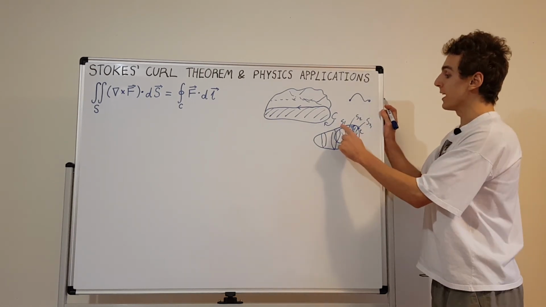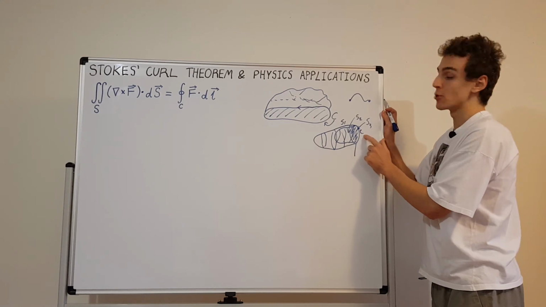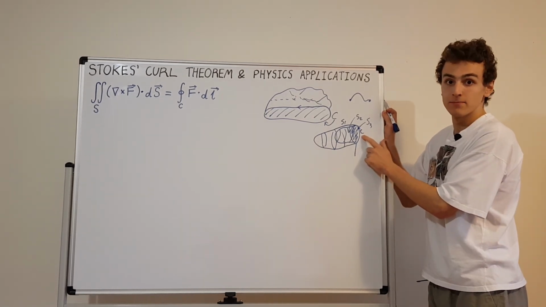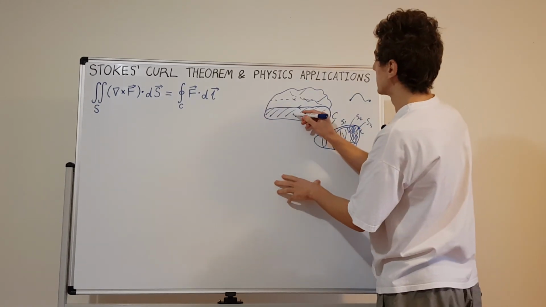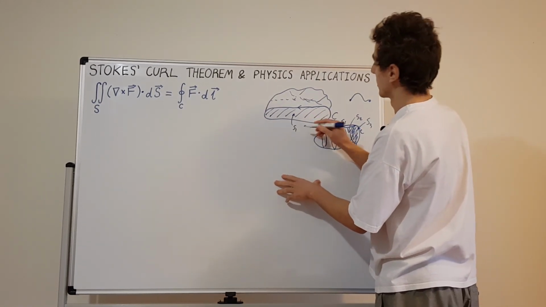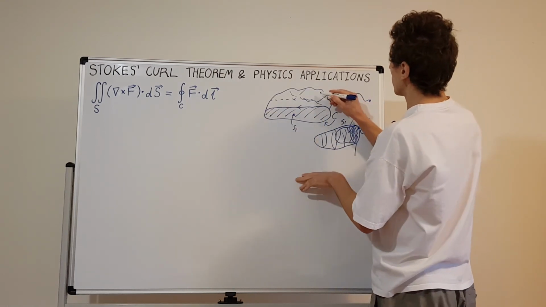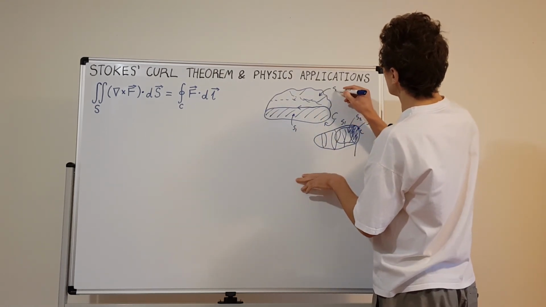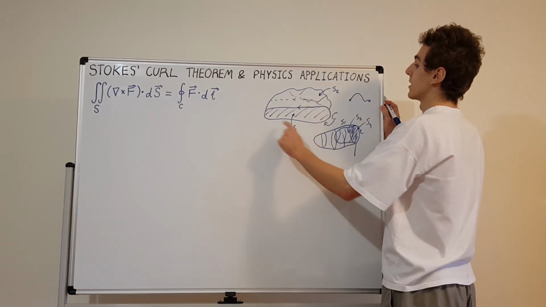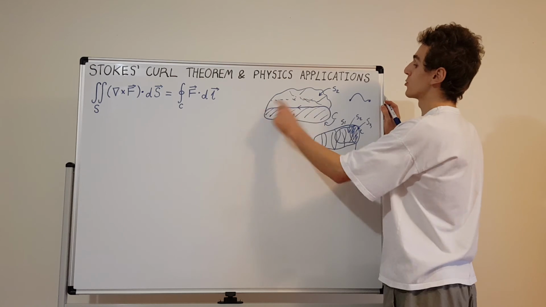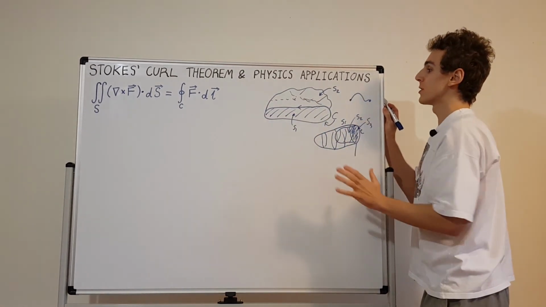So S1, S2, and S3 all share the same boundary, and that boundary is C. Now, these two examples: we can call this guy S1, the flat one that sits in the plane of the contour, or we can call this guy S2. Both of these actually share the same C. This is the same boundary. So the two domains share the same boundary. That's the point I'm trying to illustrate here.